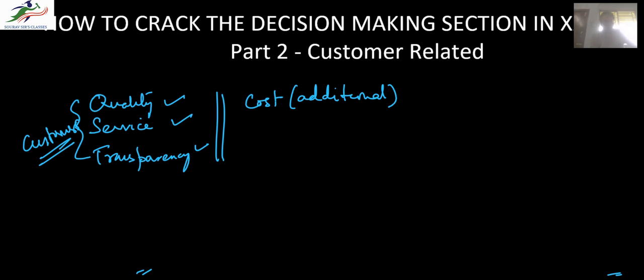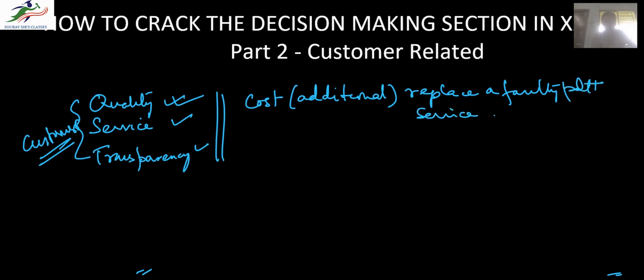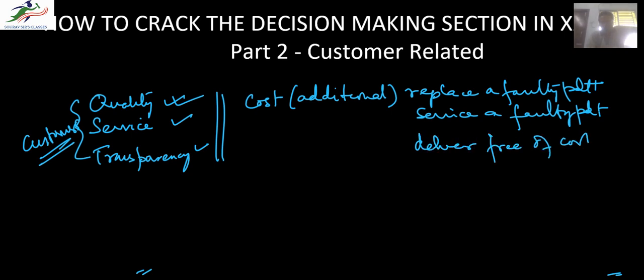Maybe you have to replace a faulty product, or service a faulty product, or some problem with the product, or you have to deliver free of cost, or any of these kind of things.